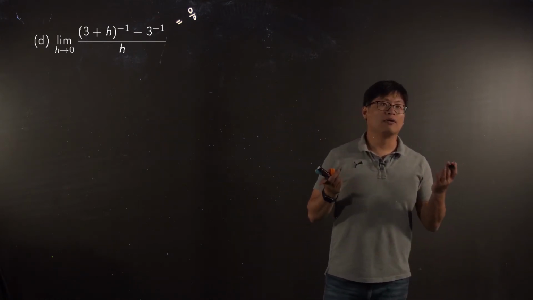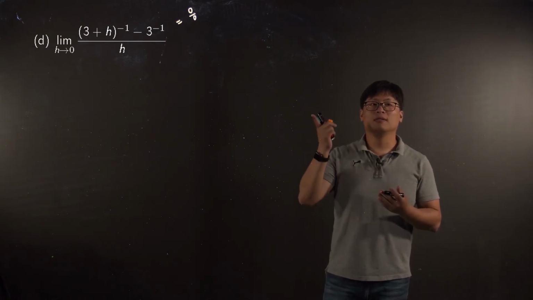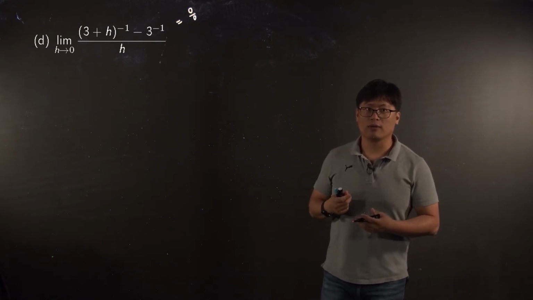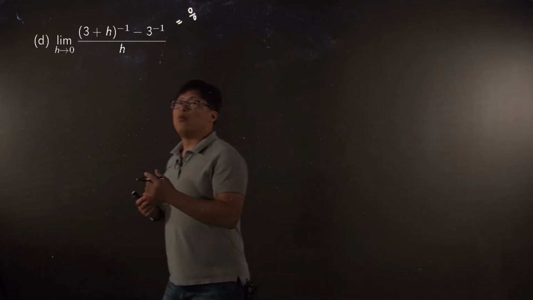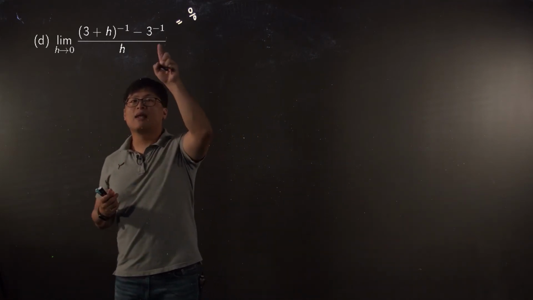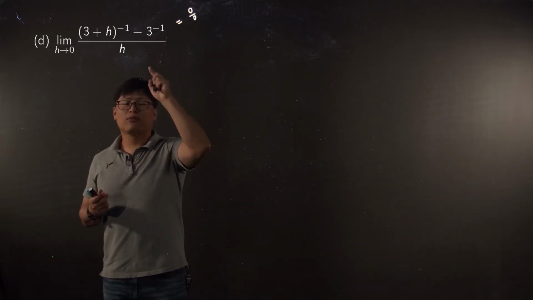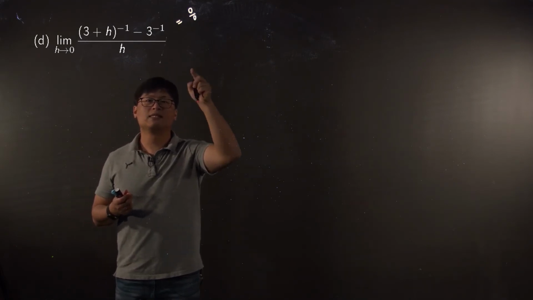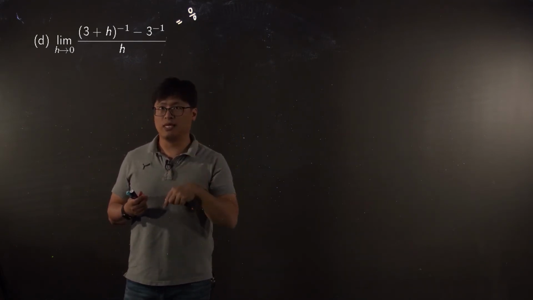Now, I'm going to teach you how we can find the zero factor of your numerator. Here we go. Since negative power means reciprocal, 3 plus h to the negative 1 means 1 over 3 plus h, right?